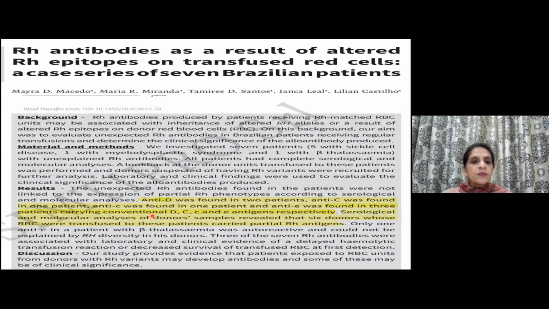All these patients carried the conventional D, C, and E antigens respectively. What they found was that the donors of the units transfused to these patients had altered variants, which led to the formation of the Rh antibodies. So not only Rh negative individuals, but individuals with Rh positive phenotypes can also form antibodies. That is a major concern for the blood bank.